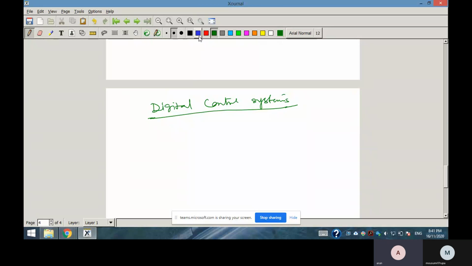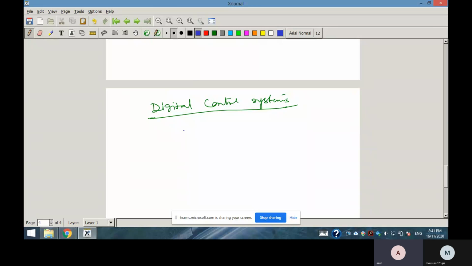So first I will draw a block diagram of a digital control system or sampled data system. Here the main thing is that the plant is a continuous time model, and the controller is a discrete time controller, implemented digitally.